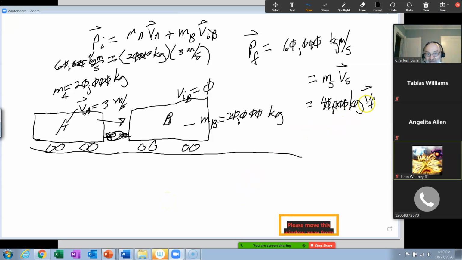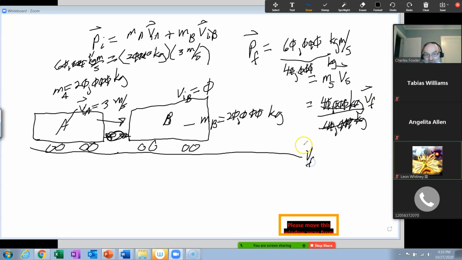So, to get this, you divide both sides by 40,000 kilograms. Both sides of the equation, and everything goes out here except V final.